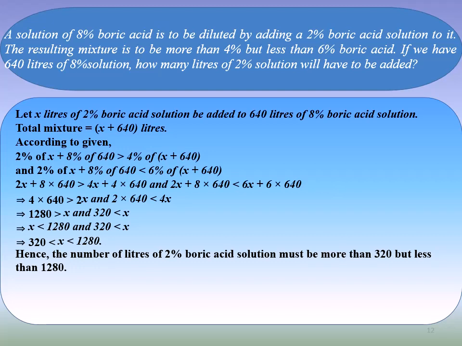So first we need to assume x liters of 2% boric acid solution be added with 640 liters of 8% boric acid solution. So the amount of the total mixture becomes x plus 640 liters.